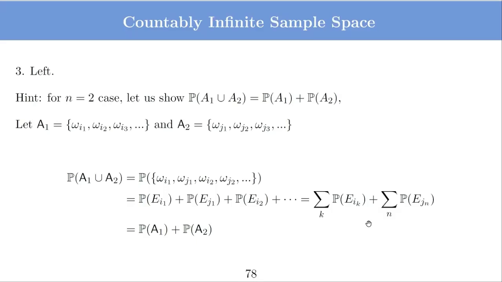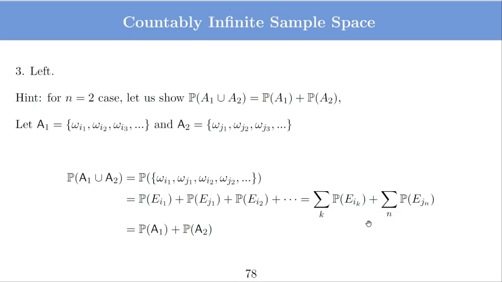Okay, now you can say the union of A1 and A2 is a combination of these two. And the way I'm doing this union is I'm taking one element of A1 and then one element of A2, and one element of A1 and then one element of A2. I can take any order, it doesn't matter. It's the union, it contains all elements of A1 and A2.